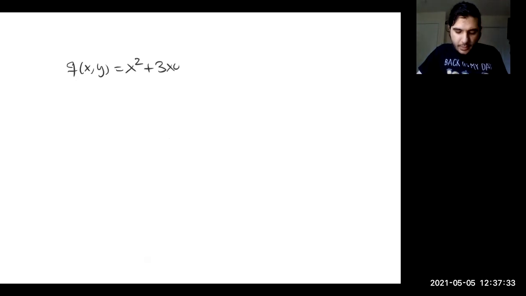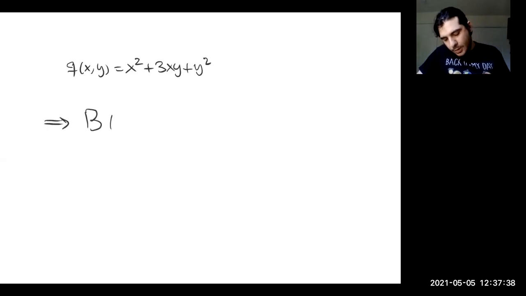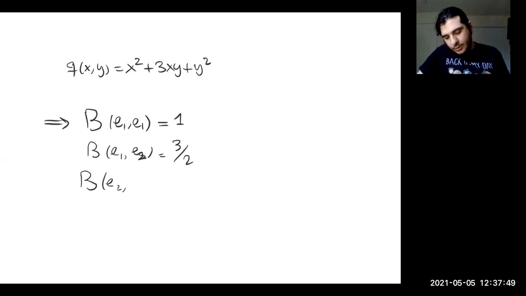As I said, for example, we started with some quadratic form, q of x, y, which is equal to x squared plus 3xy plus y squared. And we noticed it gives us some b, where b of e1, e1 equals 1, b of e1, e2 equals 3 over 2, and b of e2, e2 is equal also to, was it 1 or 2? It's 2 here.